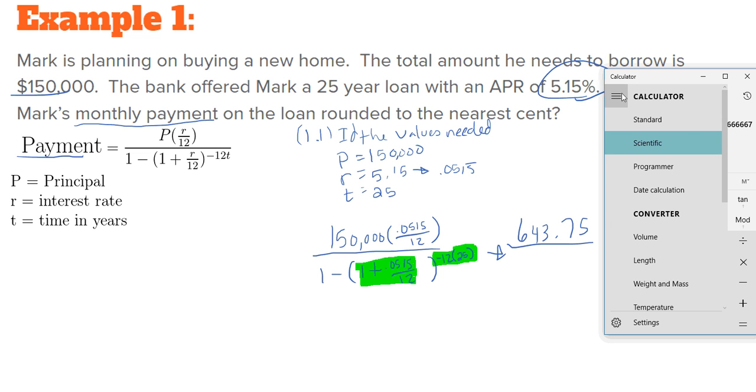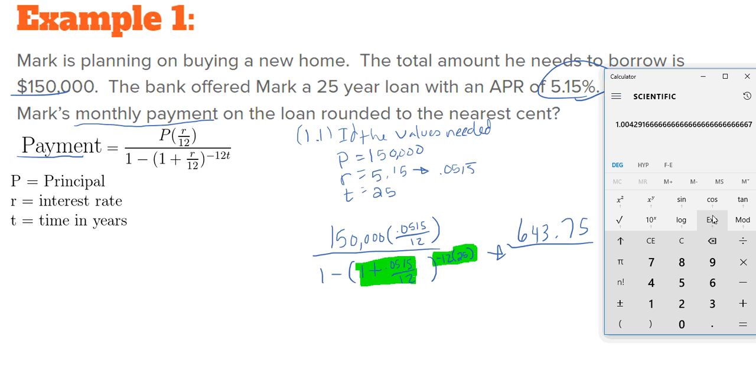So if we're not there, hit this 3 bars up here and hit scientific. And then we are going to raise it, so that's x to the y power. And then in parentheses, negative 12 times 25.